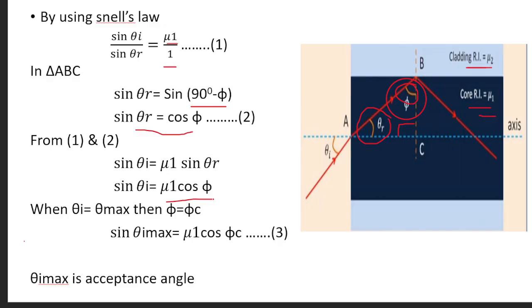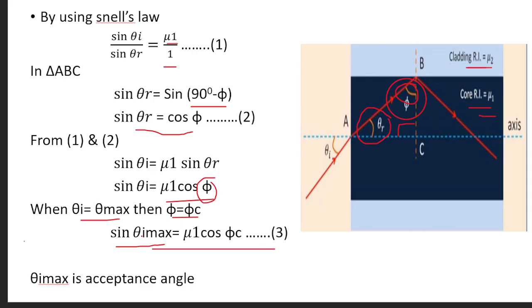Now theta I is replaced by theta I max and phi is replaced by phi c in the above equation. So this equation can be written as sine of theta I max equals mu1 cos of phi c, that is equation number 3.